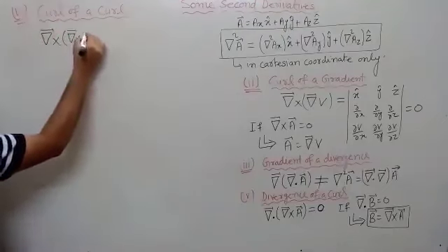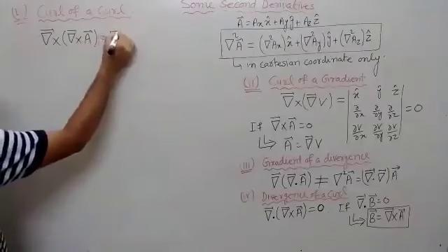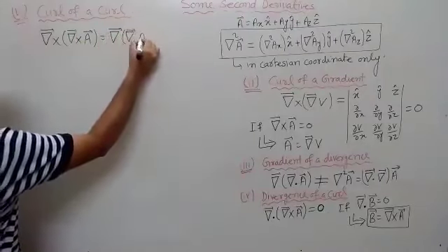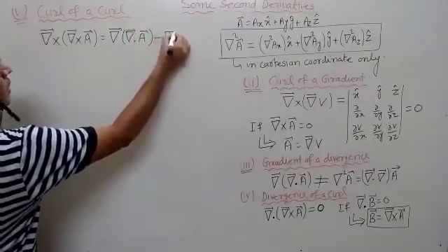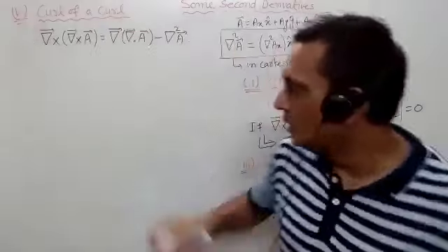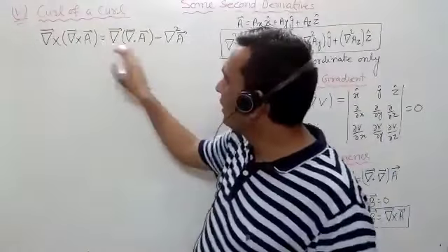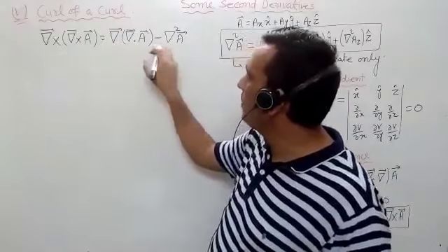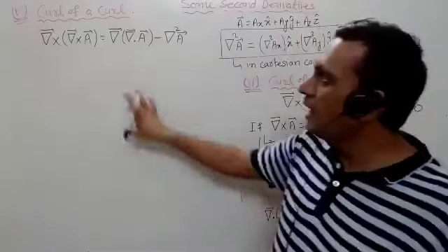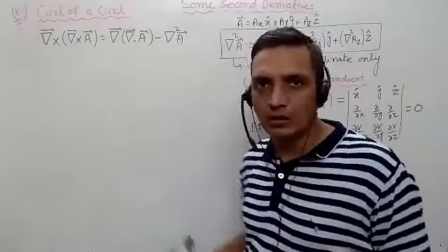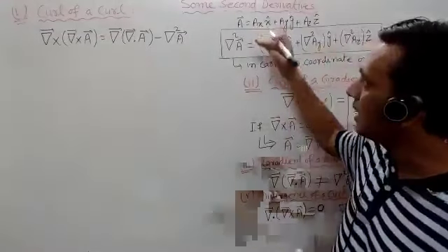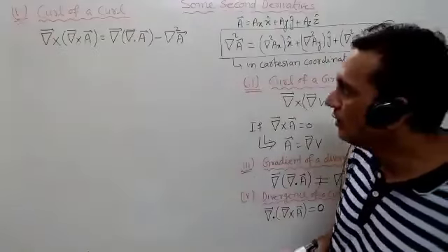The curl of a curl is given by the gradient of the divergence of A minus del square A. So just remember this expansion. We will use these 5 second derivatives also. Gradient, divergence and curl are the first derivatives, and these are the second derivatives. Is it clear?